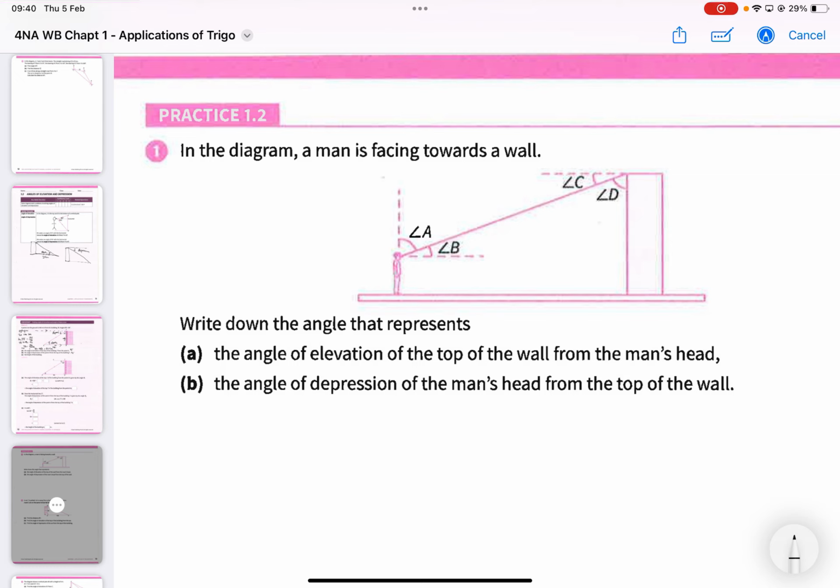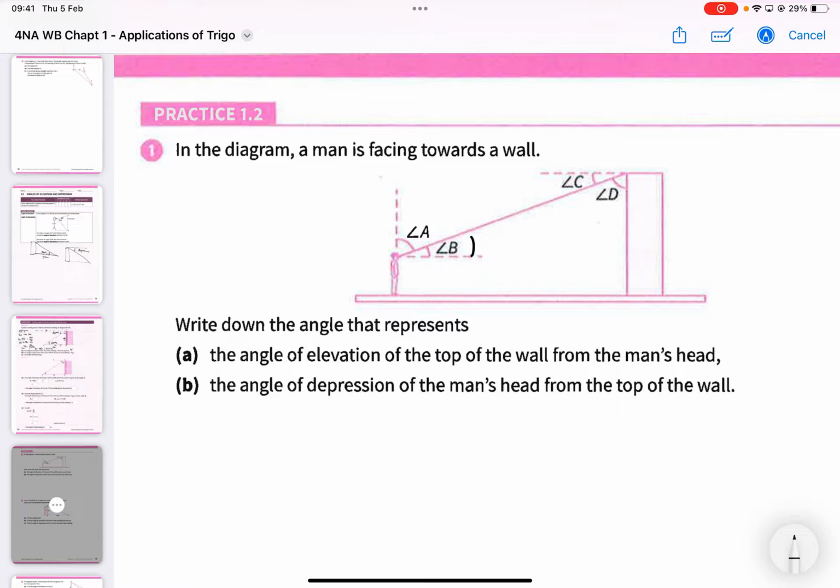Can you all tell that the angle of elevation is actually this? Because it is measured against the horizontal. So this angle B is your angle of elevation already. So part A is asking you this answer, angle B. Angle of depression of the man's head from the top of the wall.